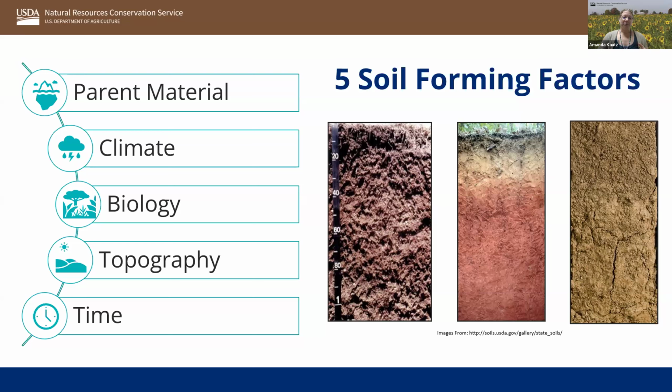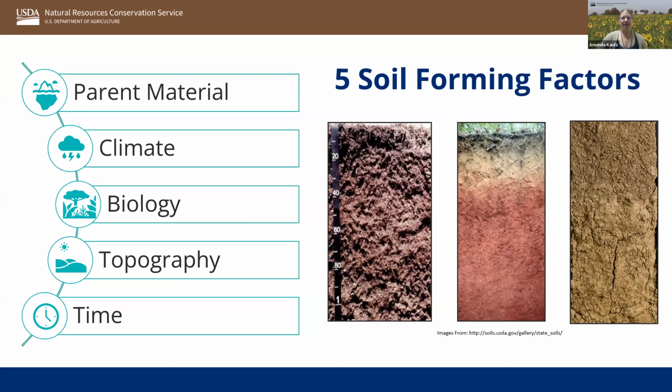And then once we have something that we're breaking down, the climate is going to affect how that breaks down. If it's warmer, there's going to be more biology breaking down that residue and the organic matter component of the soil. And if it's higher precipitation, it's going to move minerals throughout the soil profile because things are going to leach and move deeper. All of that's going to affect what that soil looks like. And then our biology, because our biology is going to influence the organic matter, like we talked about with climate. It's also going to change chemical composition as it breaks things down.